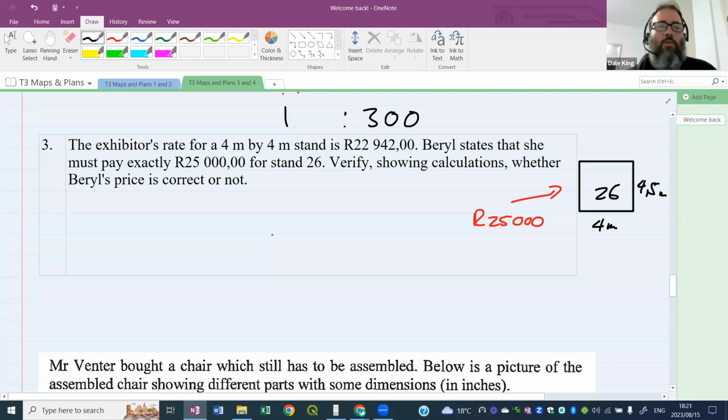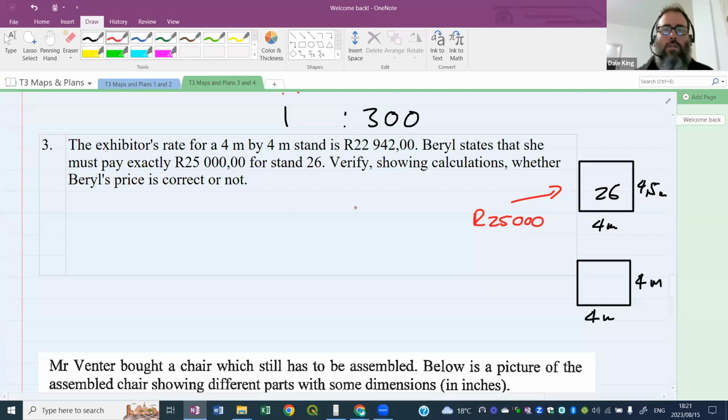So for a 4 by 4 meter stand, I'll draw it underneath here. A smaller one. This costs 22,942.